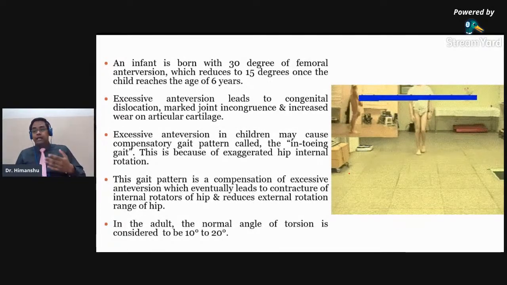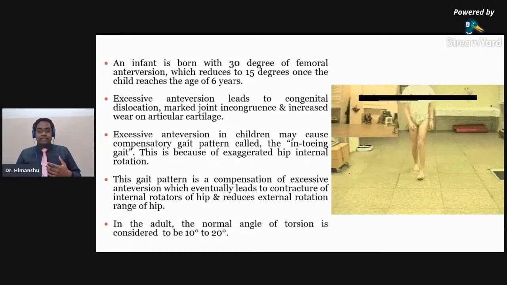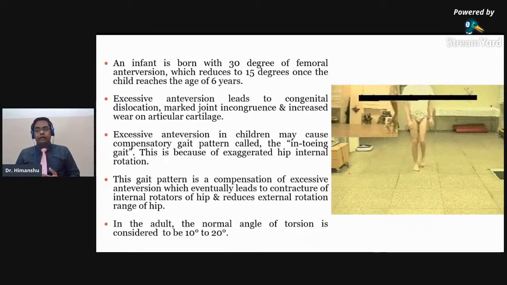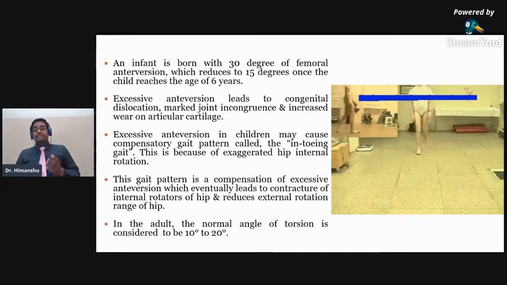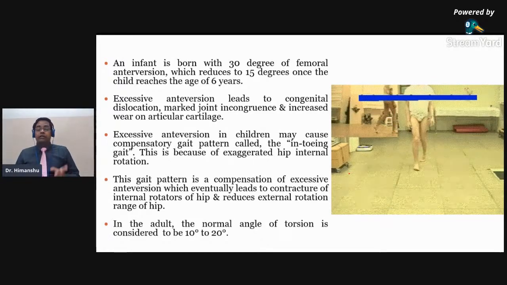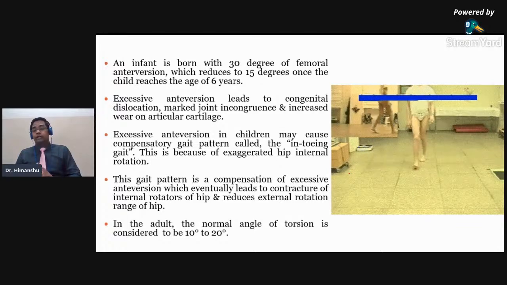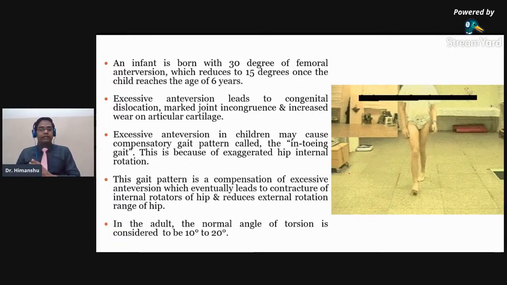When the child starts walking, until the age of 6, the angle gets reduced to 15 degrees. Now, excessive antiversion leads to congenital dislocation, marked joint incongruence and increased wear and tear.